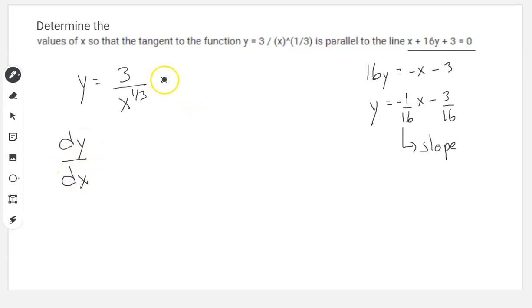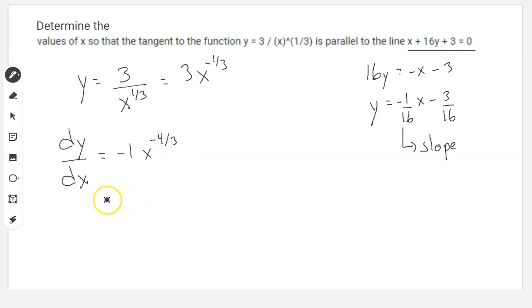And if it makes it easier, we can write this as 3 times x to the negative 1/3. So first, power rule. So multiply by negative 1/3, which just gives you negative 1. And then times x, and subtract 1 from the exponent. So we get negative 4/3.